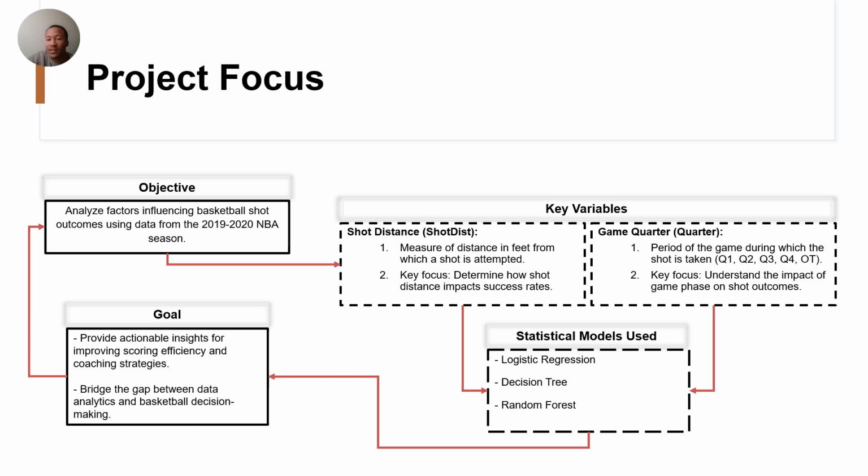To explore these factors, I'm applying three statistical models, that being logistic regression, decision trees, and random forests. Hopefully, these will help me uncover patterns and relationships in the data to give me a deeper insight into shot outcomes.